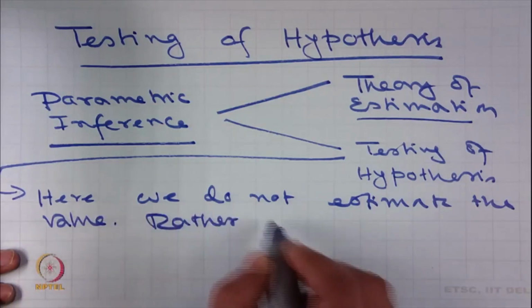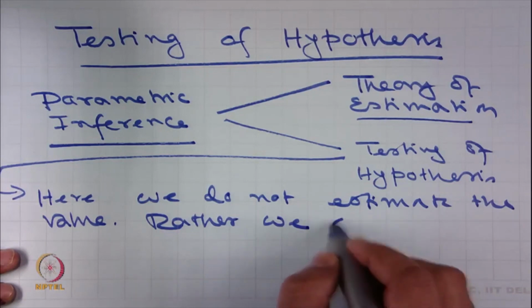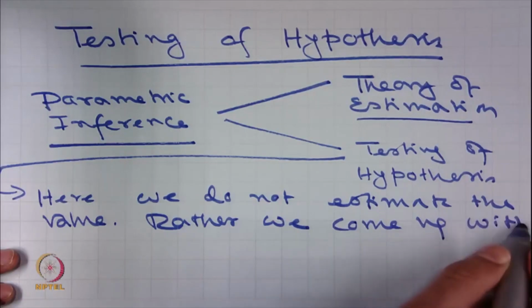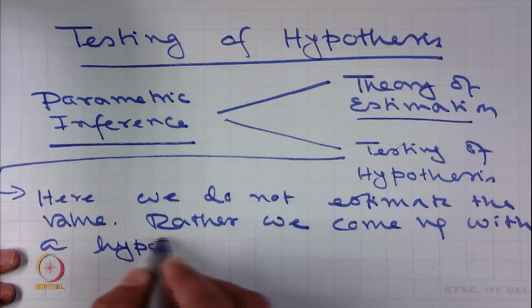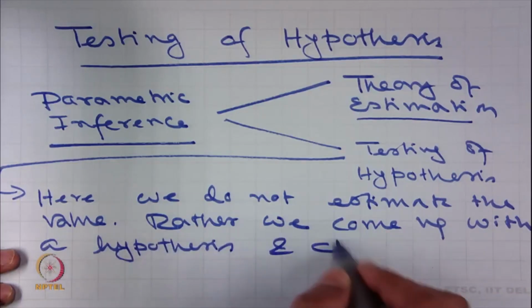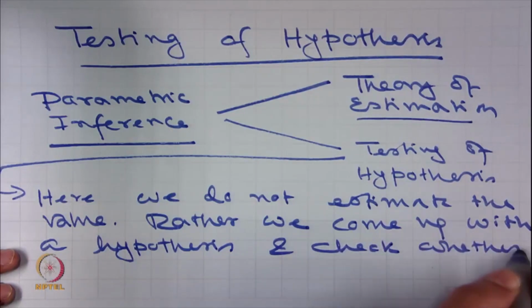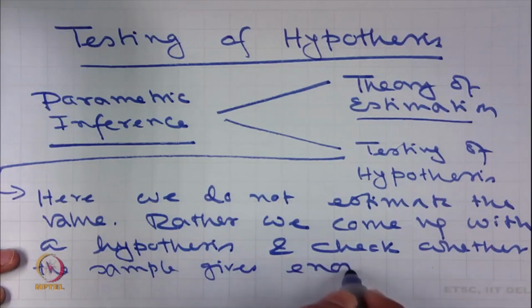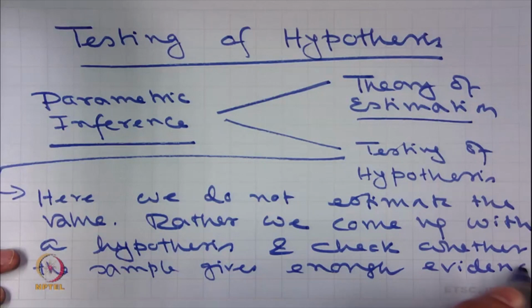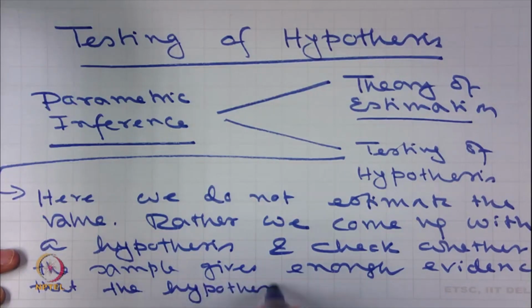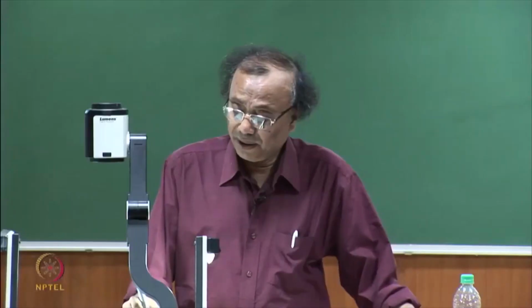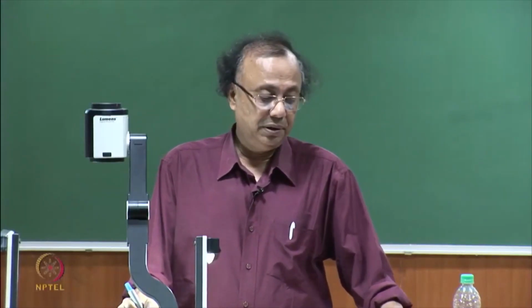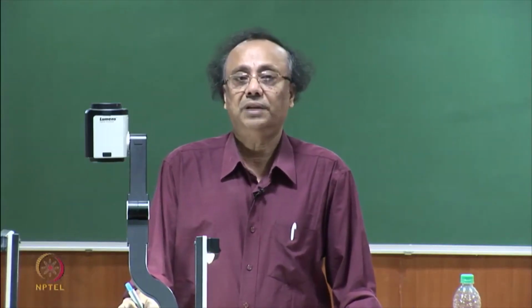Rather, we come up with a hypothesis and check whether the sample gives enough evidence that the hypothesis can be accepted, or perhaps it can be rejected also if the sample does not give enough evidence in support of the acceptance.